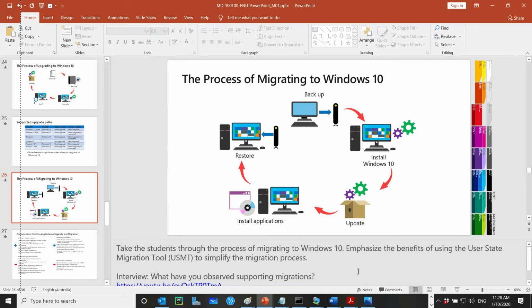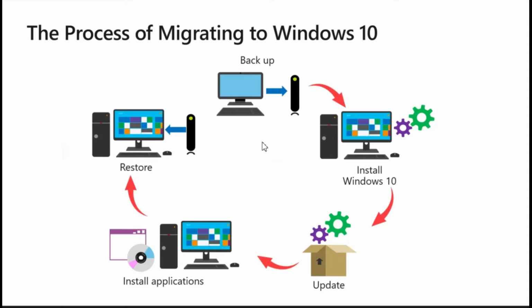Now this is the upgrade and migration thing. The process of migrating to Windows 10. So once you have a new installation, and after that, if you want to migrate all your old settings, applications, and all these things, you can migrate in this way. Because let's say my computer, I have hundreds of things in here. If I got a new computer tomorrow, I don't want to reinstall everything one by one.